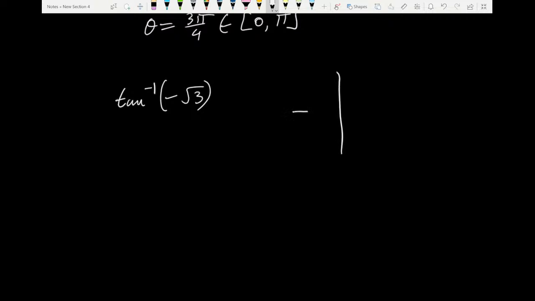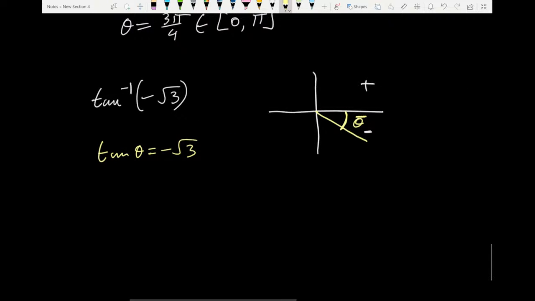So tangent inverse lives in the first and fourth quadrant. So we're looking at tangent of theta equals negative root 3. So we're looking at a negative angle right over here. Boom. So this is the reference angle. If we use the table right away, the reference angle we get to be pi over 3 right away.